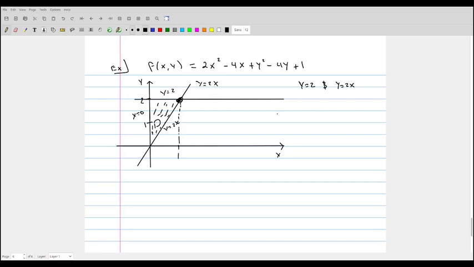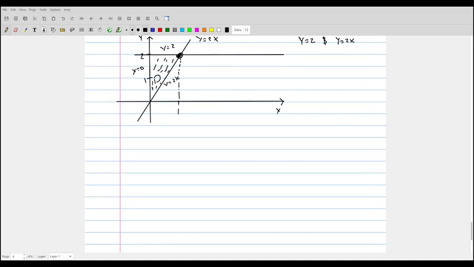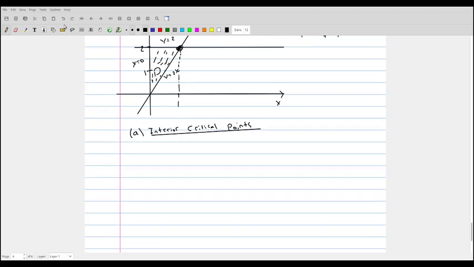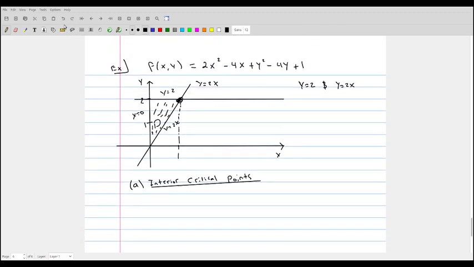Our procedure is still directly the same as before. The first step is to identify all interior critical points. That's step A. And for this function, because it's a quadratic polynomial, there are no critical points of type 2, only critical points of type 1.